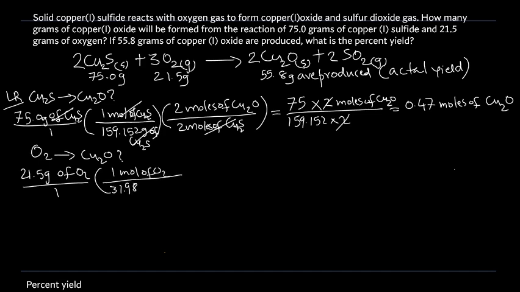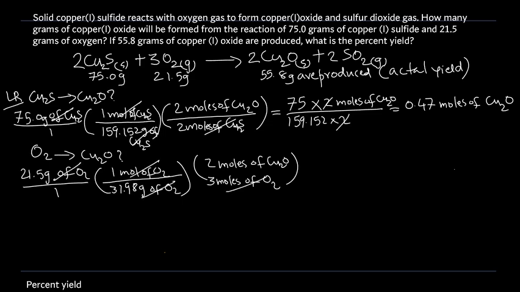And then that moles of oxygen, I will compare the stoichiometric relation, the mole ratio in the balanced chemical equation. So 3 moles of oxygen, 2 moles of copper 1 oxide. Now I can cancel grams of oxygen, moles of oxygen, moles of oxygen. I will have moles of copper 1 oxide.